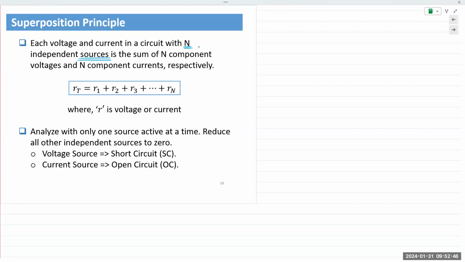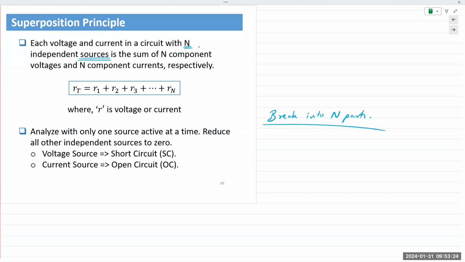So you break up the circuit into n parts, where n is the number of sources, and you analyze the circuit with only one source working at one time.